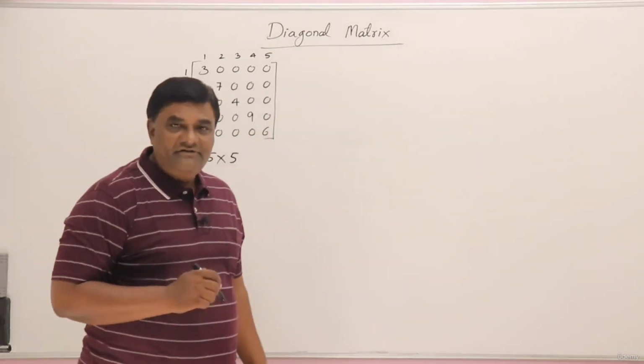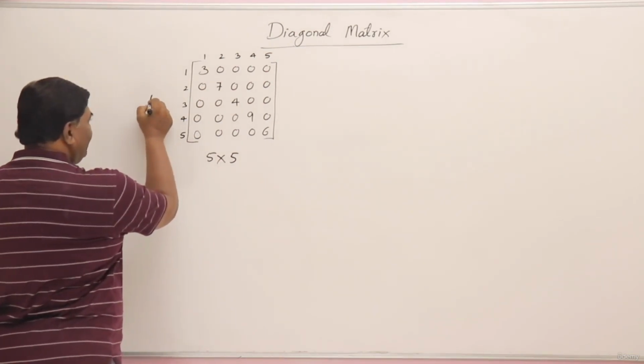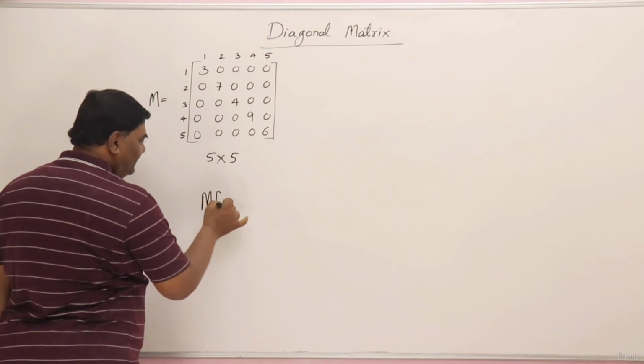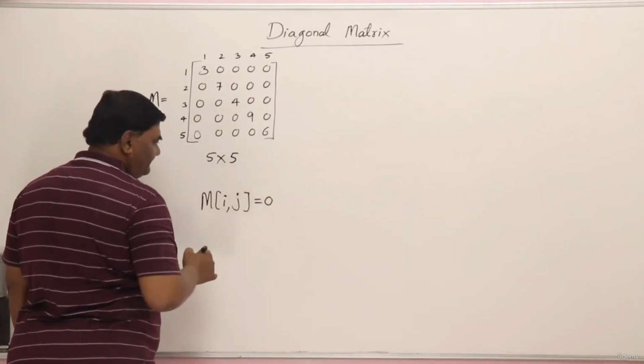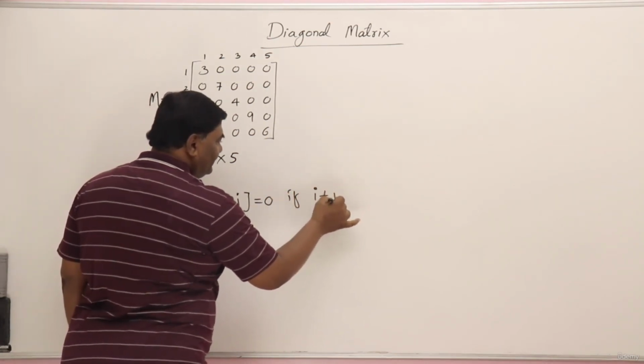So let us see how we can define this one. See, if this is a matrix M, then M of ij is 0 if i is not equal to j.